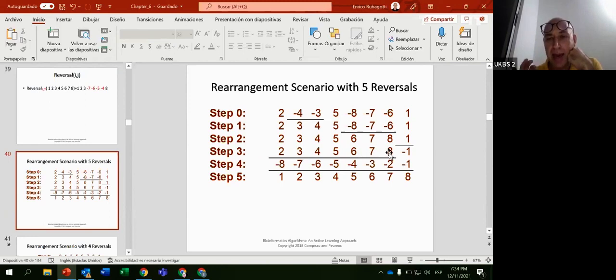So I apply a reversal to this one and it becomes minus 8, minus 7, minus 6, minus 5, minus 4, minus 3, minus 2, minus 1. That is a very nice permutation because it is in reverse order. And now it became 1, 2, 3, 4, 5, 6, 7, 8.